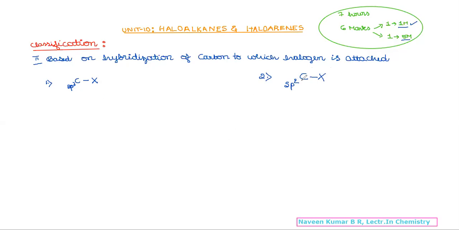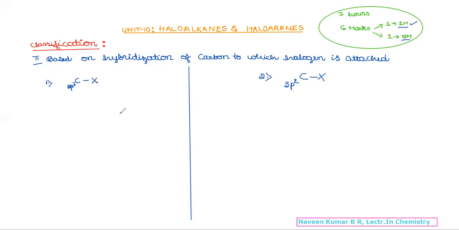Then a carbon surrounded by 3 sigma bonds and 1 pi bond is referred to as an sp2 hybridized carbon atom. So we need to look into the respective carbon's hybridization to understand the classification here. Again, these sp3 hybridized carbon attached halogens and sp2 hybridized carbon attached halogens are further divided. I will try to observe them one by one.